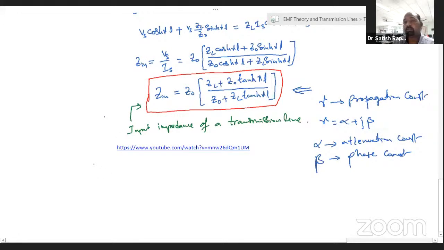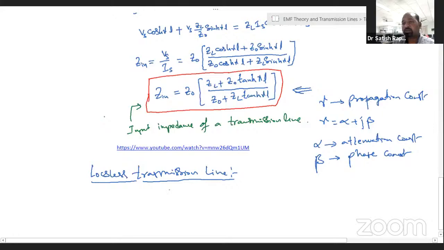Now let us consider a lossless transmission line. A few classes back I discussed the lossless transmission line.